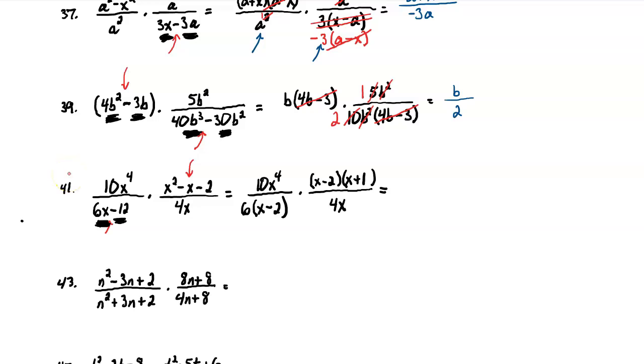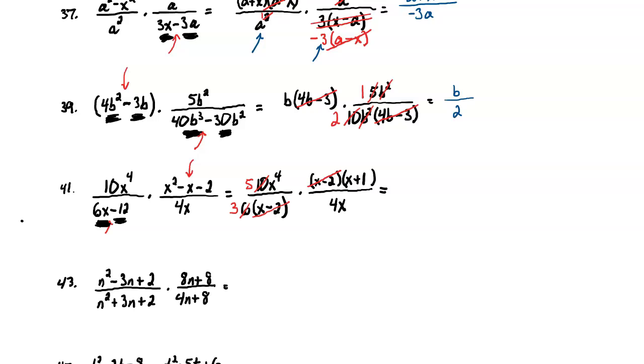Now the canceling. The x minus 2 cancels out the x minus 2. The 10 that's in the top and the 6 that's in the bottom are both divisible by 2. 10 divided by 2 makes 5, and 6 divided by 2 makes a 3.